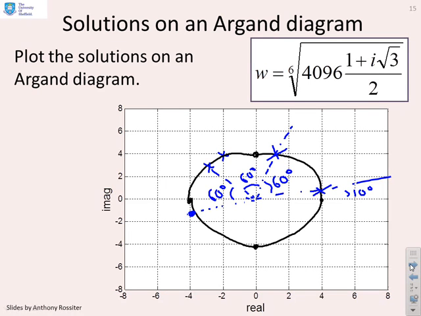So you're moving up 60 degrees each time. So you'll notice that sort of symmetry or pattern in the roots. They're all 60 degrees apart, and they've all got the same radius. And the only thing that changes as you change this complex number under the root expression is where you start from. And here, I had to start from 10 degrees.